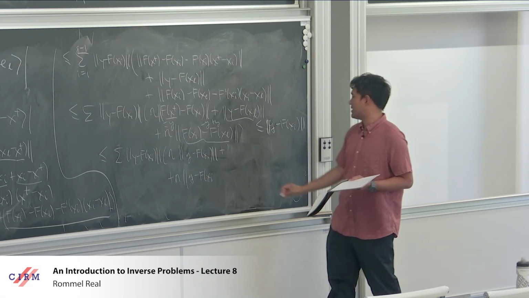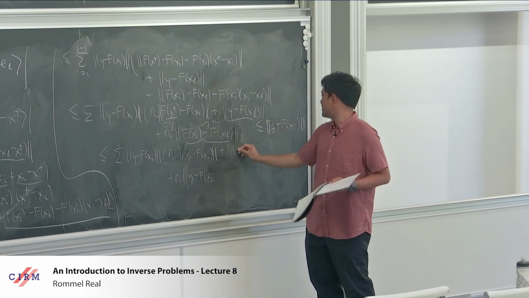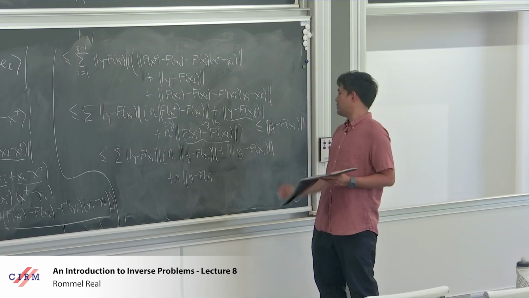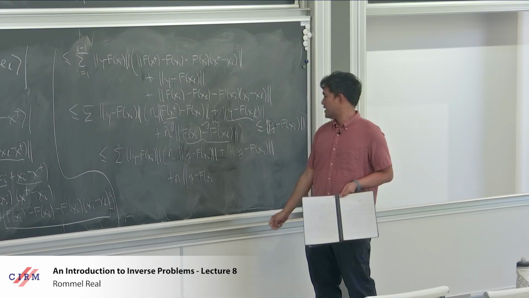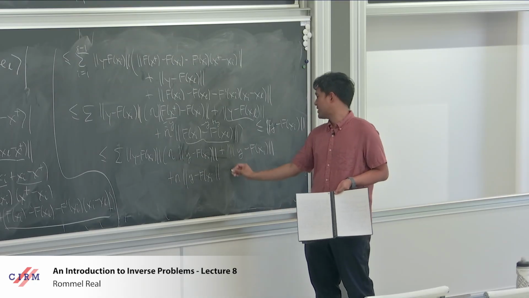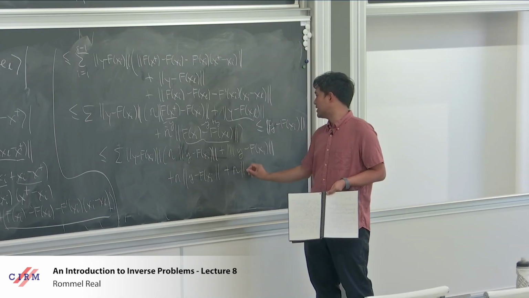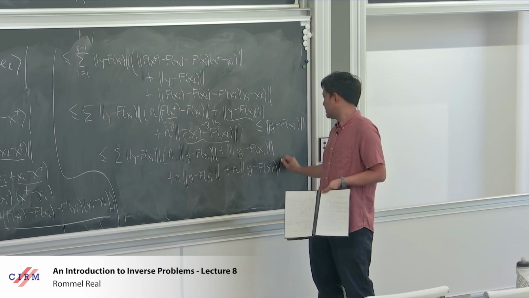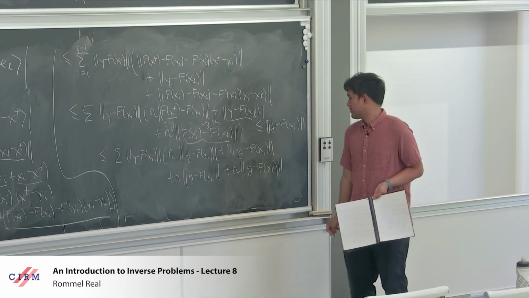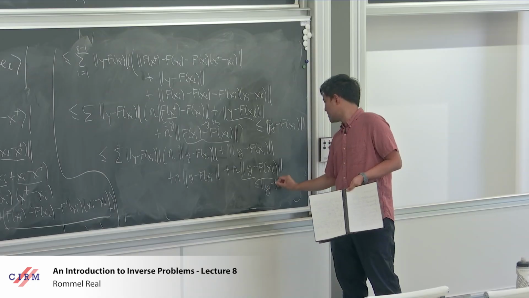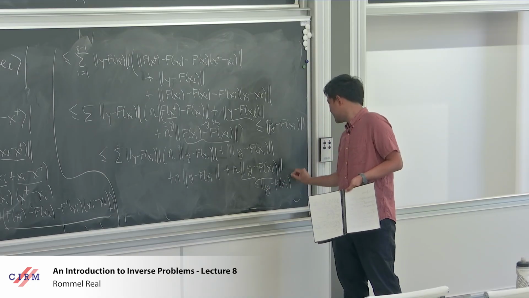So we can replace it by the norm of y minus f of xi plus eta times, by the triangle inequality, minus y minus f of xi plus eta times y minus f of xL. Okay? And again, by our choice of L, this is just y minus f of xi.